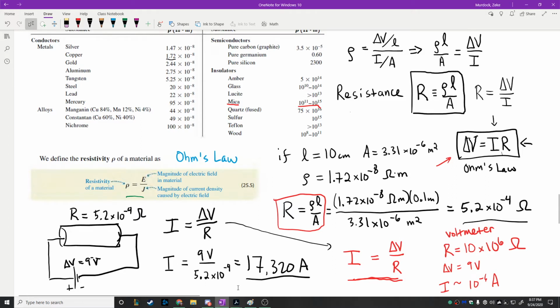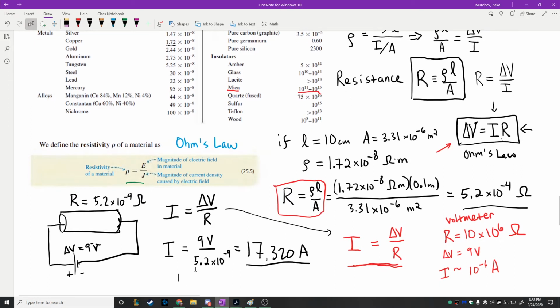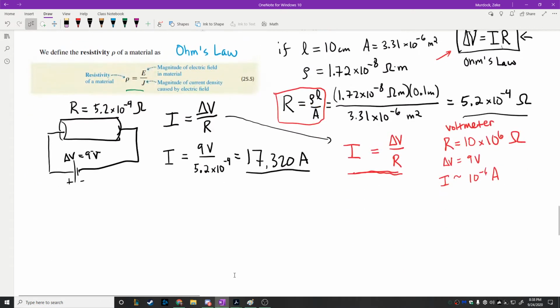But I will say that your body has a very high resistance to the flow of electricity. But when your body is wet, the resistance to flow of electricity is very small. So it's much easier to get electrocuted when your body is wet versus when your body is dry. When your body is dry, it's a lot harder. When your body is wet, it's a lot easier. Okay. All right.